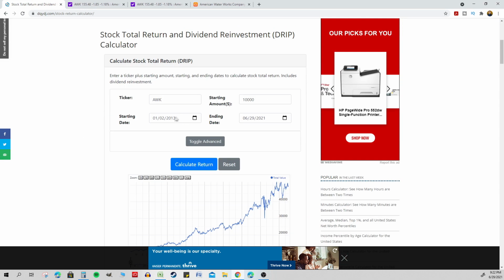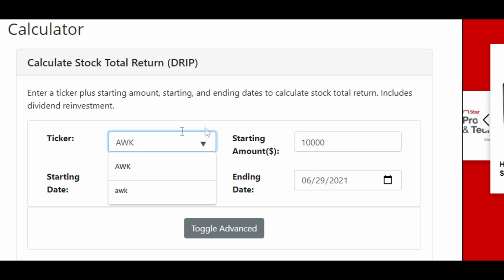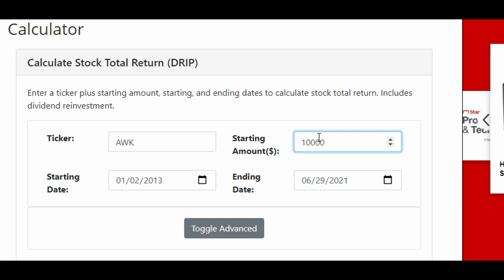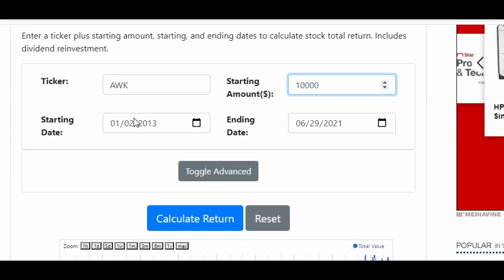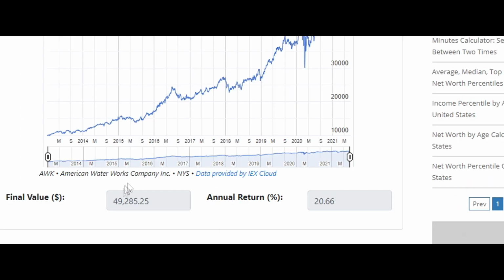And just by putting in AWK, the ticker symbol for American Water Works, the starting investment amount, let's say you invest 10,000, and the date range you want to analyze. In my case here, I want to go from 1/1/2013 to now, 6/29/2021, and then all you do is hit calculate return, and then right down here is the annual return.